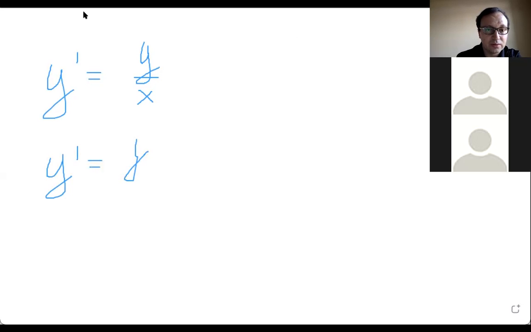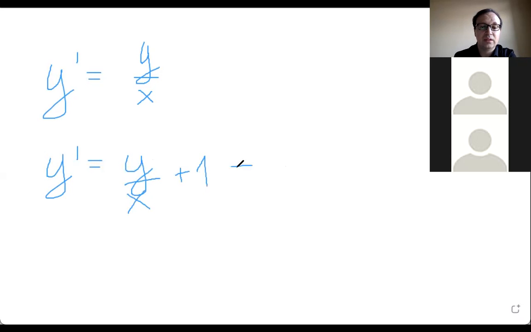As written, maybe it is not apparent that this equation is of homogeneous type, though I hope it is.